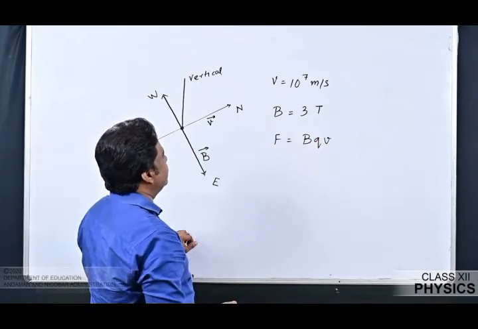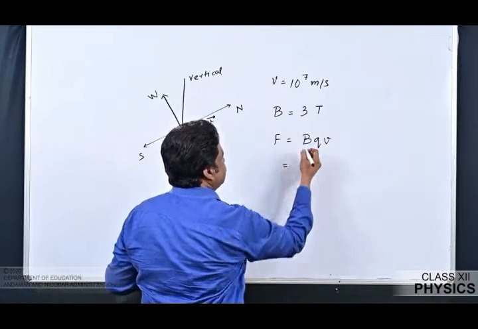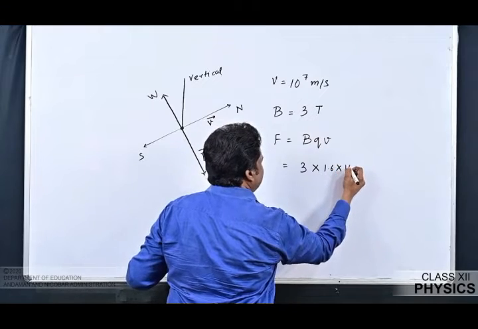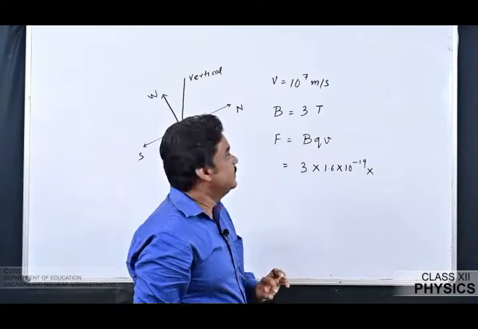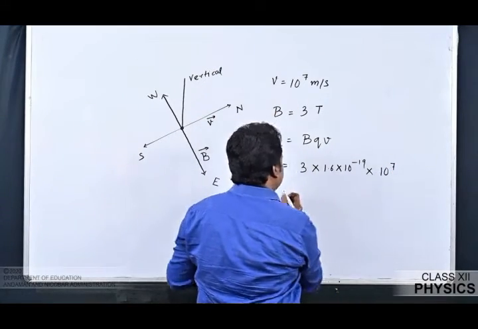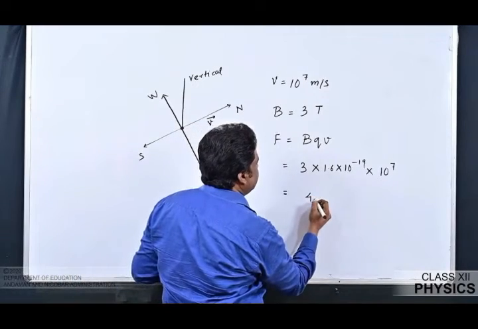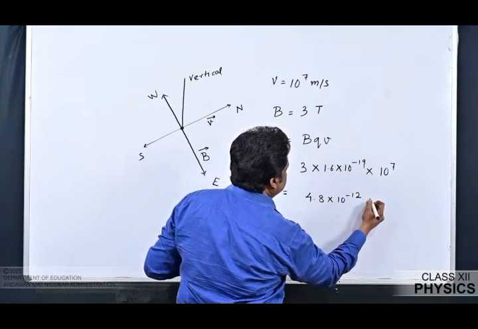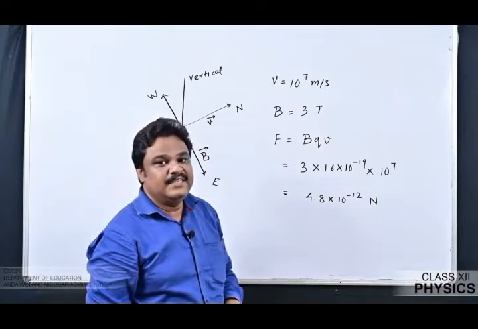Putting in all the values, since it's an electron, B is 3, the charge on the electron is 1.6 × 10^-19, and the velocity is 10^7 meter per second. If I reduce this, the answer comes to be 4.8 × 10^-12, and the unit of force is Newton. You should know the magnetic Lorentz force is measured in Newton.